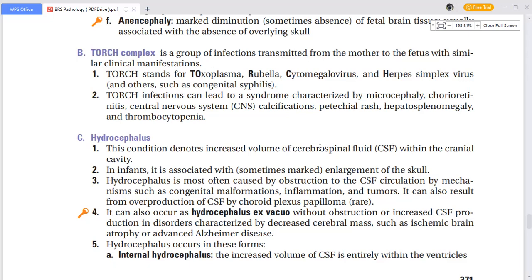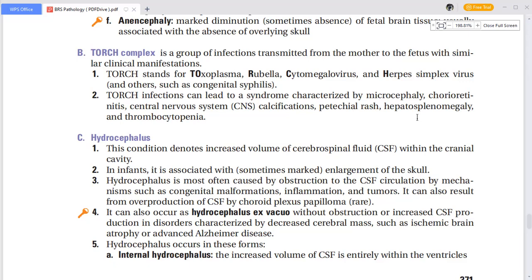Hepatosplenomegaly, meaning that the fetus will be born with a very big liver and spleen. And then the baby will be born with thrombocytopenia, meaning low platelet levels. So this baby will be predisposed to head bleeding, because it will be born without an adequate amount of platelets. So from there we go to hydrocephalus.